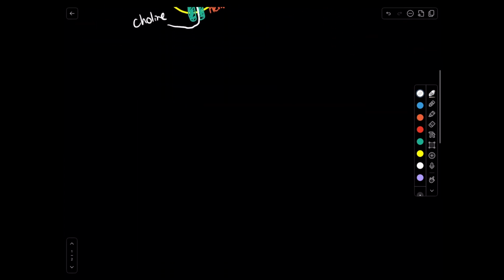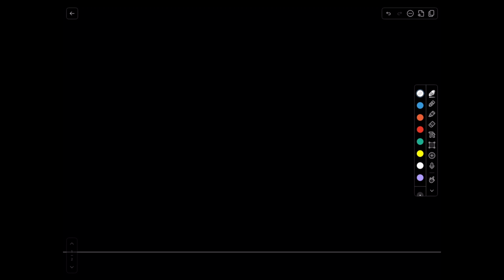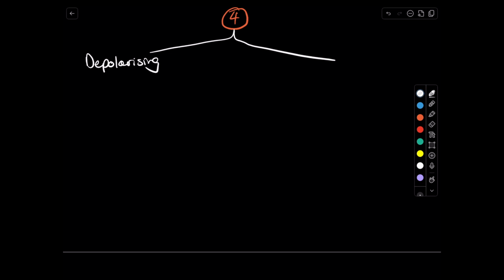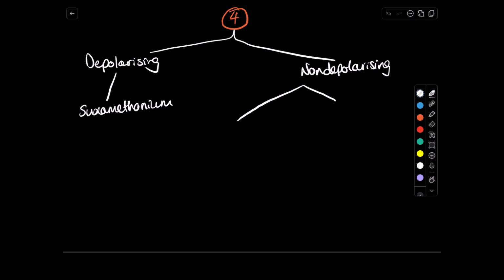Last but not least, let's quickly go through the classification of drugs that act at the nicotinic acetylcholine receptor. You have depolarizing and non-depolarizing agents. Depolarizing is easy as the only clinically relevant one is succinylcholine. Non-depolarizing agents include aminosteroidals and benzylisoquinoliniums.